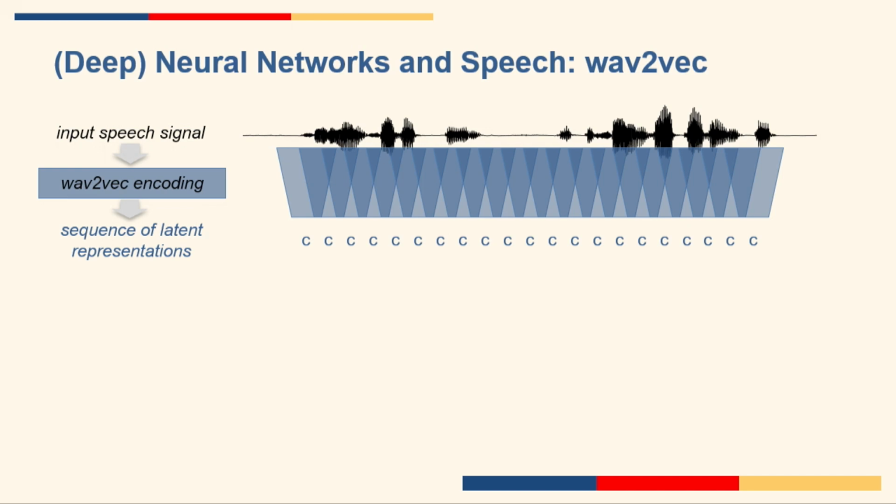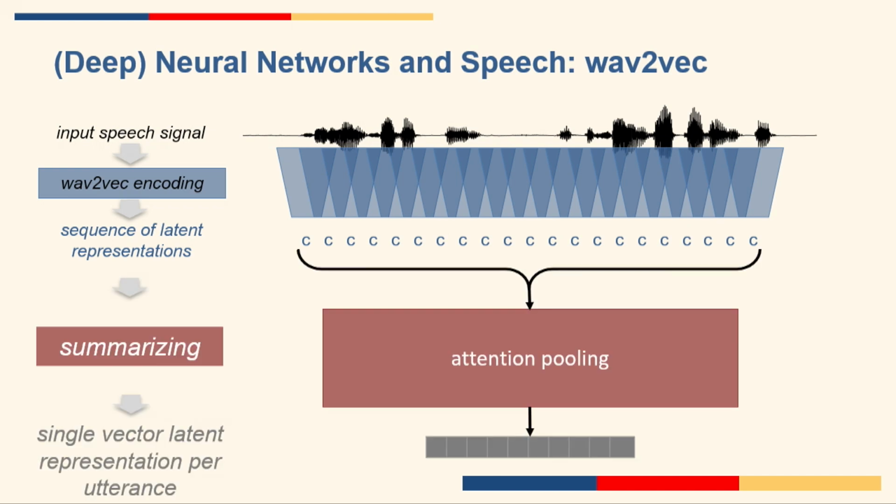We want one code, one vector for the entire utterance. So what we do is create another type of network which summarizes these things and maps this entire sequence to one vector. So there is a single latent vector, again with the hidden properties, a representation of the entire utterance.